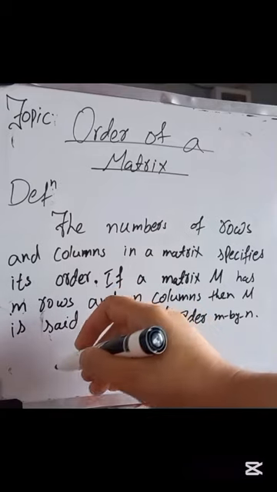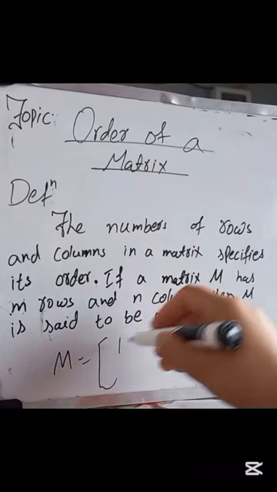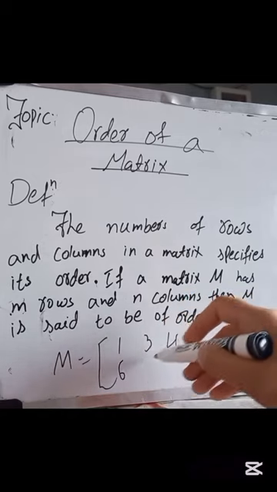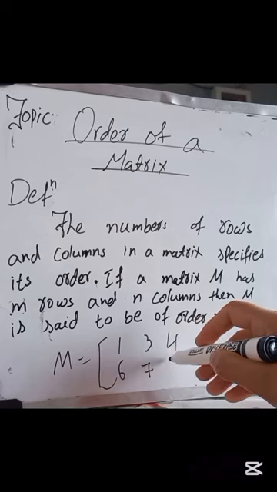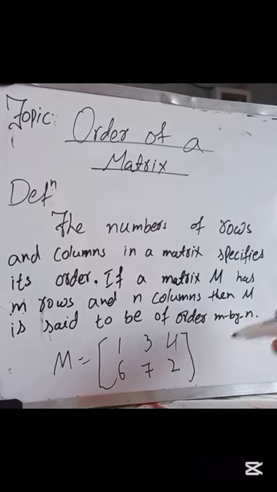For example, M is equal to 1, 3, 4, 6, 7, 2 is of order 2 by 3. This is an example of the order of a matrix.